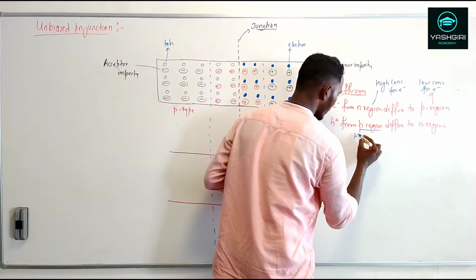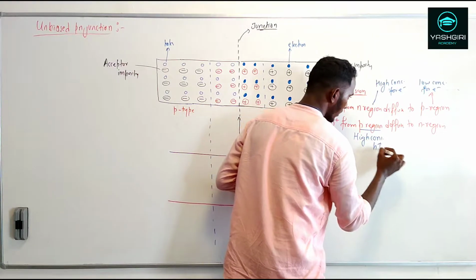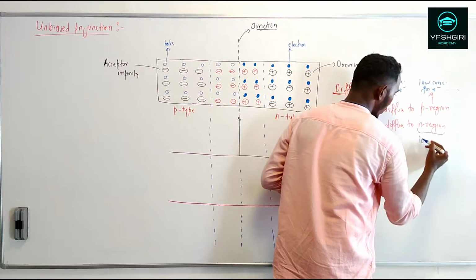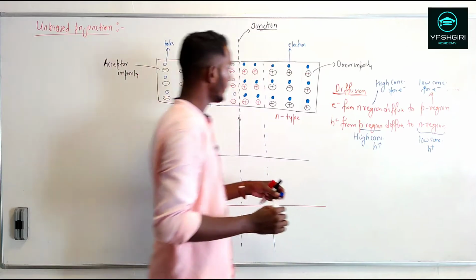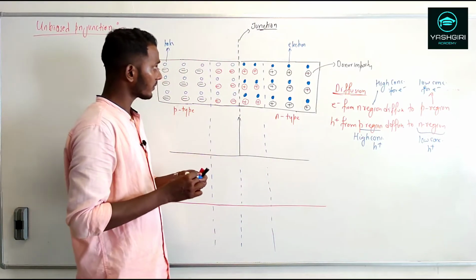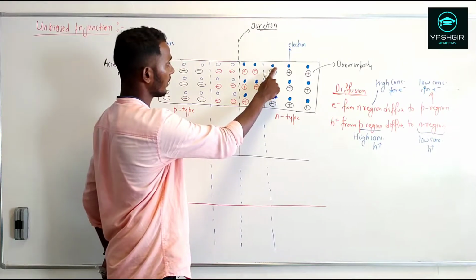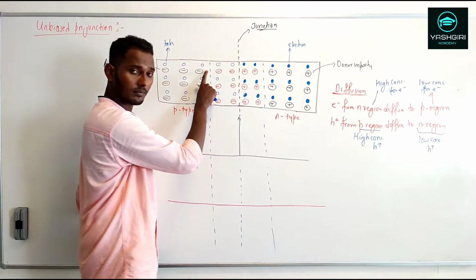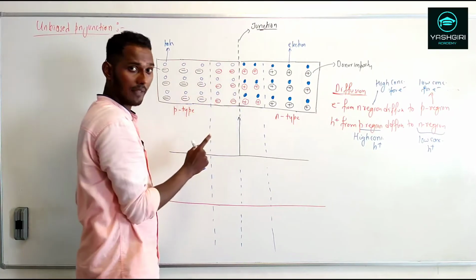The p region is the high concentration of holes, whereas the n region is the low concentration for holes. All right. Now when this happens, if you see this, the electron is diffusing from the n region to the p region. At the same time, the holes are diffusing from the p region to the n region.